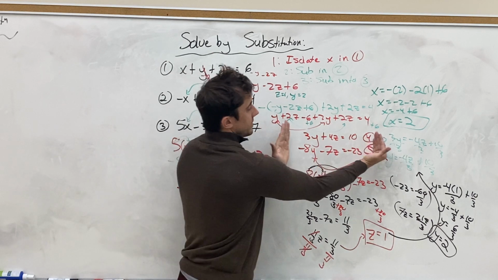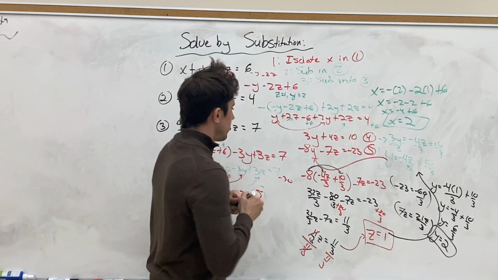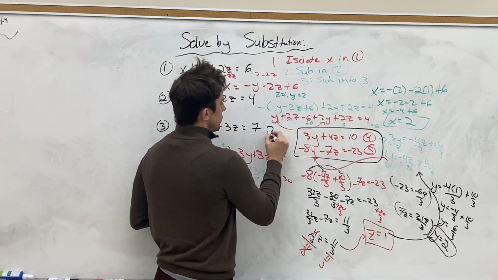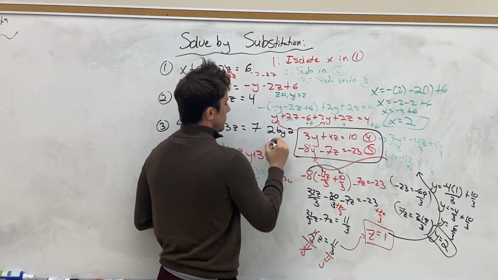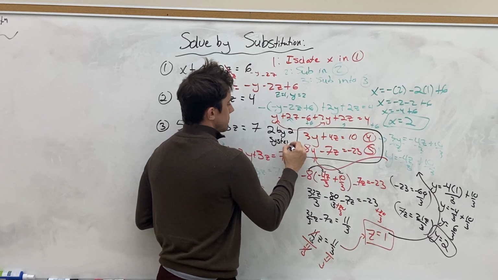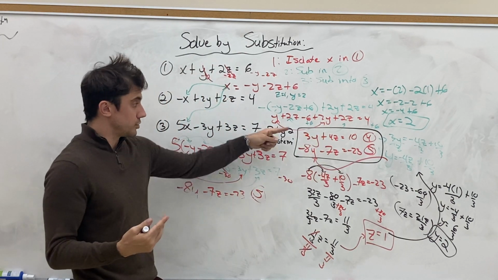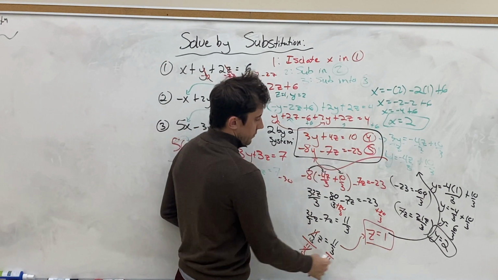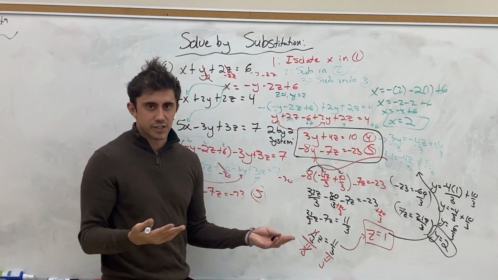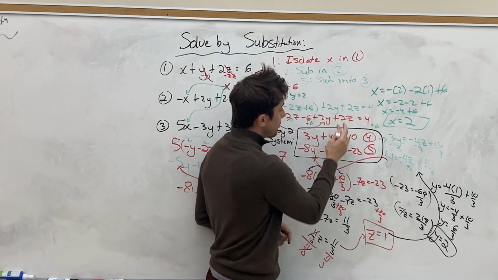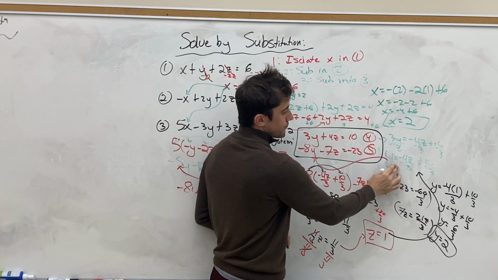And this right here is a 2 by 2 system of linear equations, right? And so now you can go back to your regular substitution with 2 by 2, solve for z, even though we're dealing with fractions.